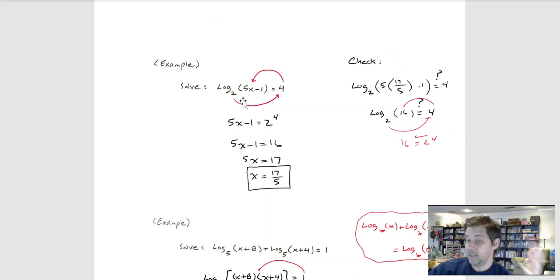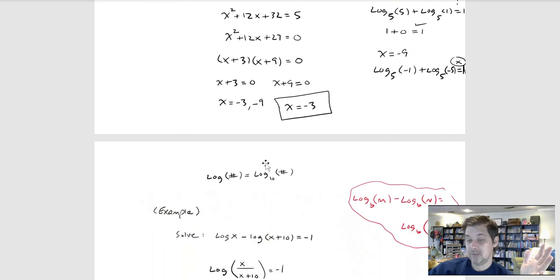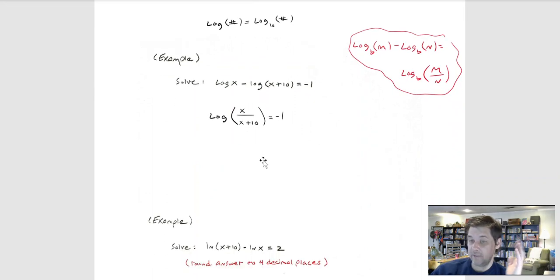One logarithm isolated on one side of the equation, or like this. So we know what to do. We know that there's a pattern that we apply. I'm going to write that there's a base there and it's 10, and then I'll show you that what we do is we take 10 and we raise it to that power and we say that we get whatever's in there, right? Okay, so if you do that, I'll get x over x plus 10 is 10 to the minus 1 power.